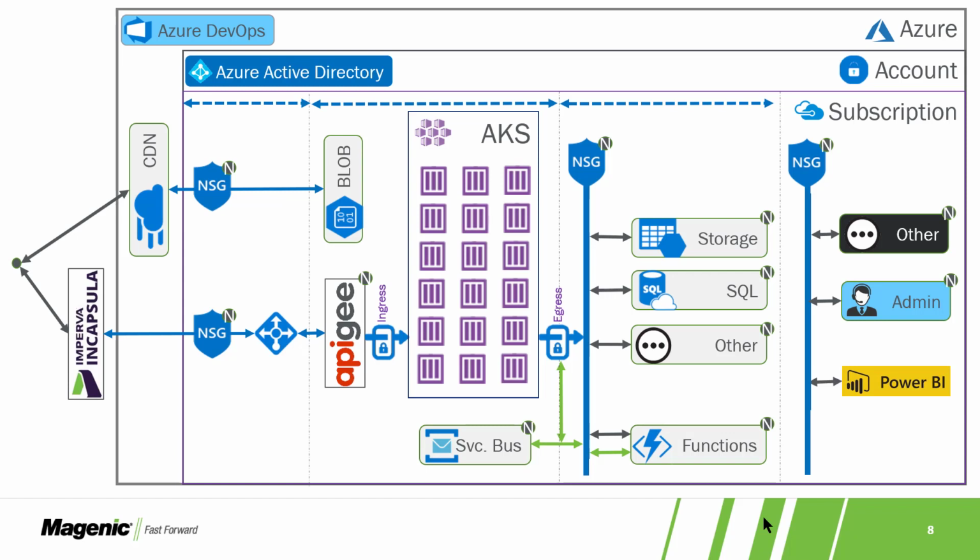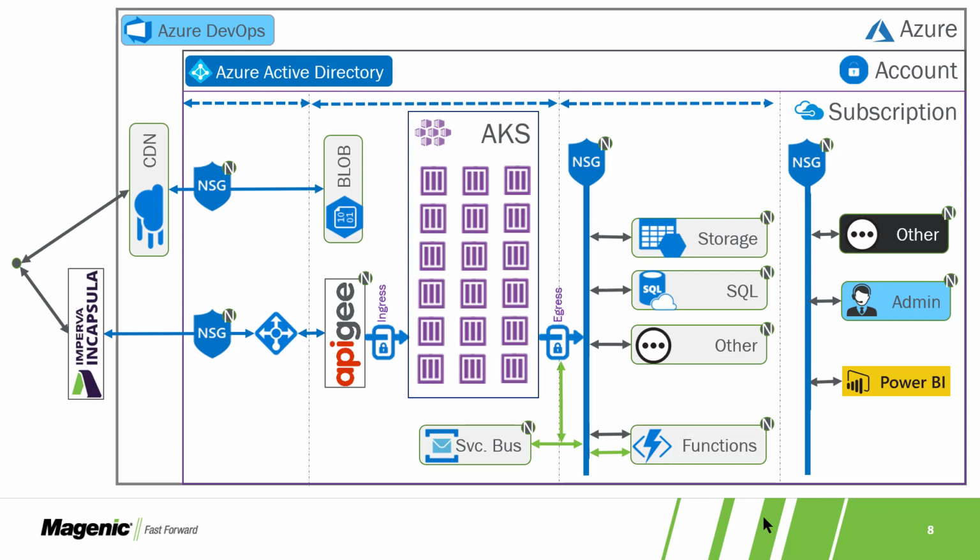So we would have, in our containers, our web services and other things. We can put functions in there too, it turns out. But in this case, I've preserved as much of the original diagram as I can. And then we have our stateful tier with storage, SQL, other types of things.